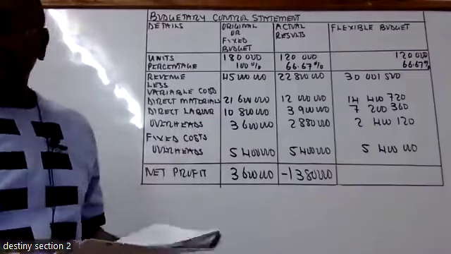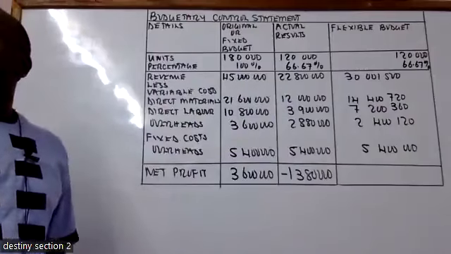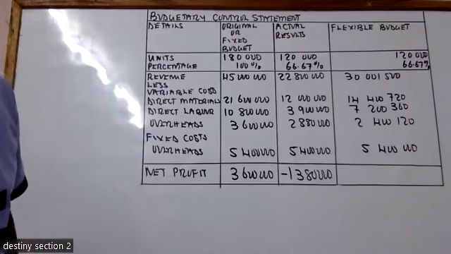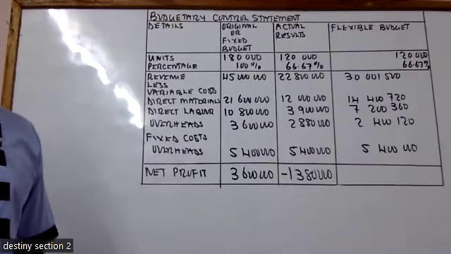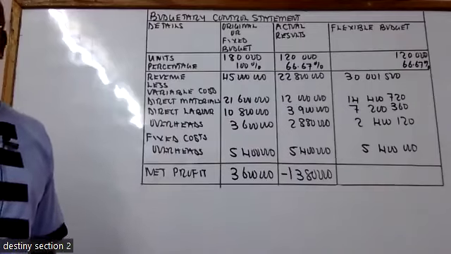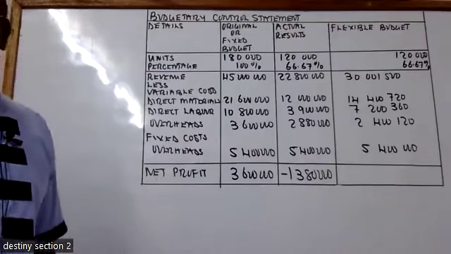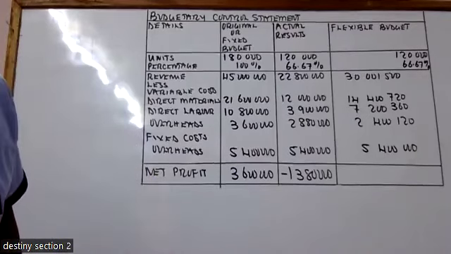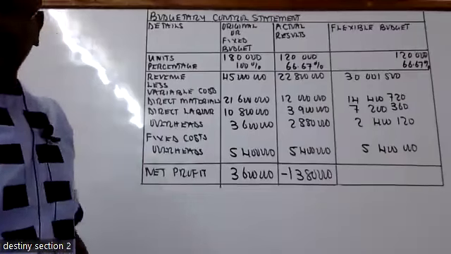And then for the flexible, tell me the flexible. So you are getting 600, 300.